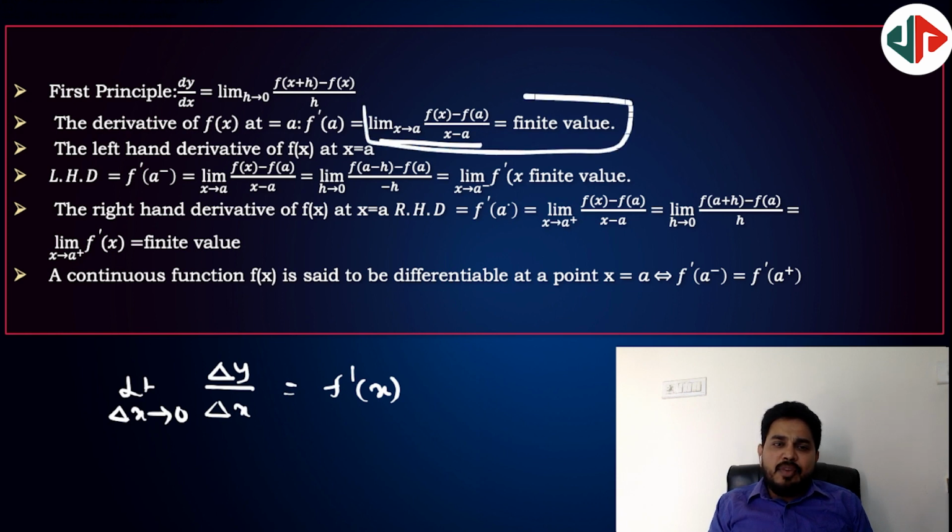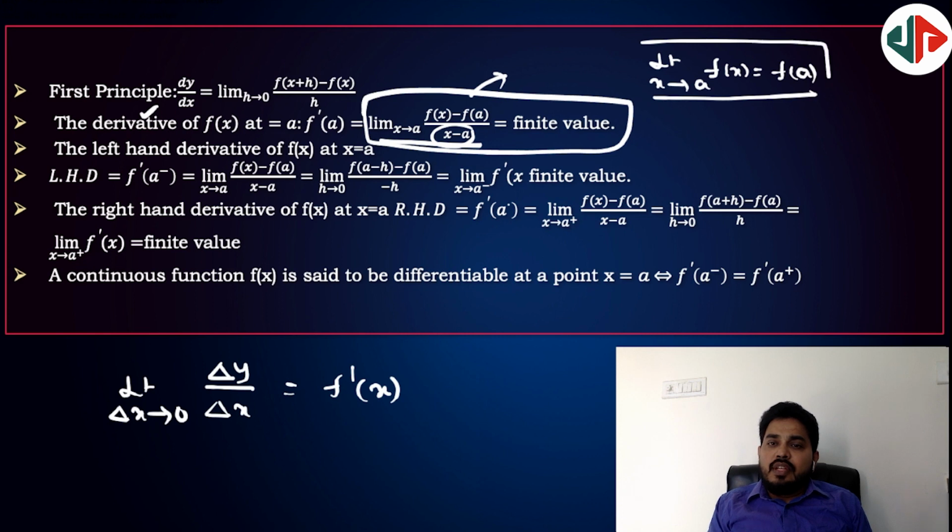This has to be finite, then only the function is said to be differentiable. And as the denominator goes to 0, the numerator has to be 0. So limit x tending to a, f of x must be equal to f of a. So this is what happened.